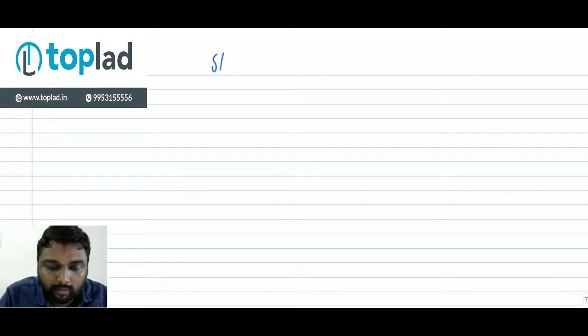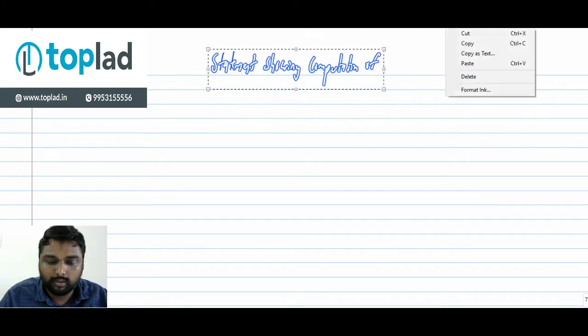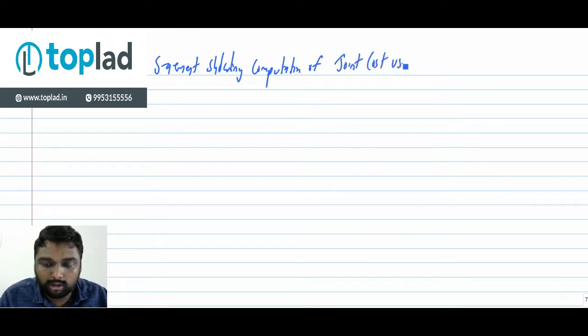Statement showing computation of joint cost using the weight method.